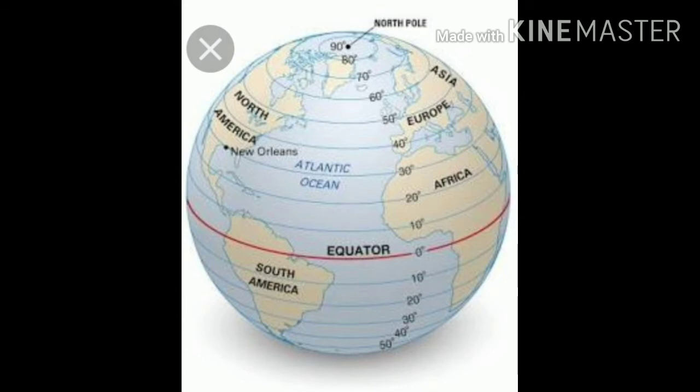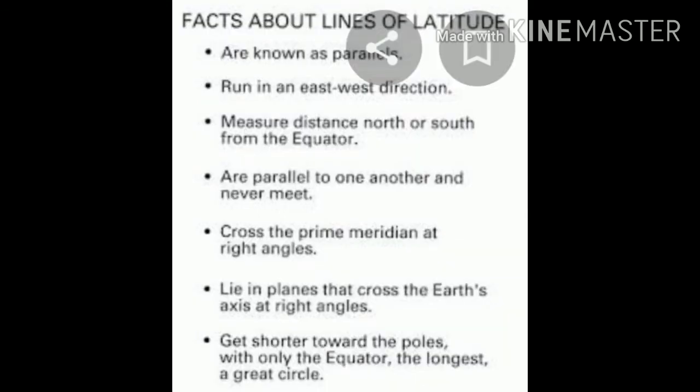That is why they are called parallels, because these circles never cross each other or meet at any point. The upper part of the equator is called the northern hemisphere and the lower part of the equator is called the southern hemisphere.